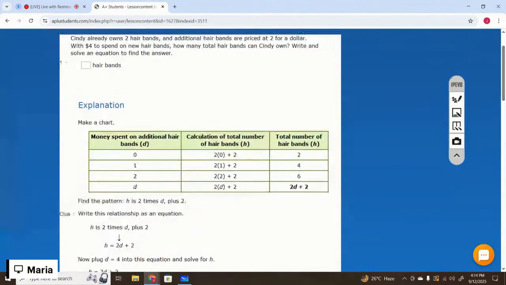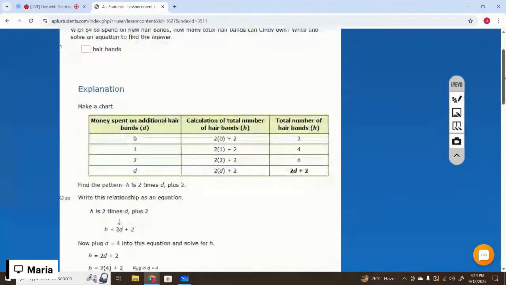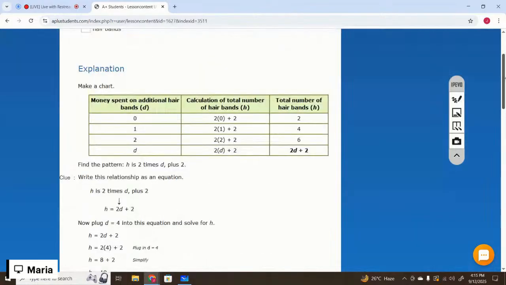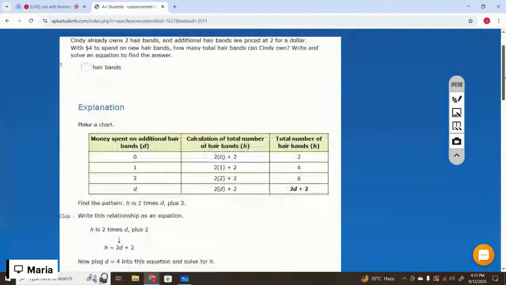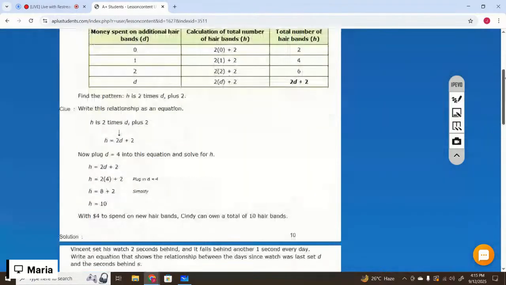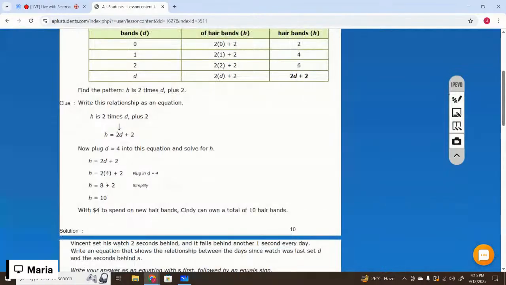So that would be h equals 2d plus 2. d is the variable for every new hairband, right? So h equals 2d plus 2, and we are given d equals 4. So solving it, h equals 2 times 4 plus 2. That would be 10.